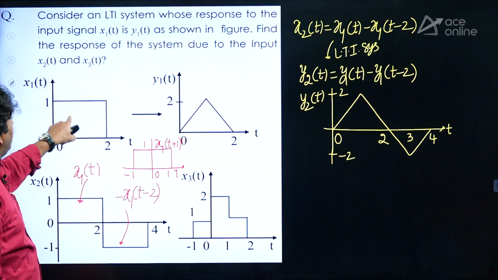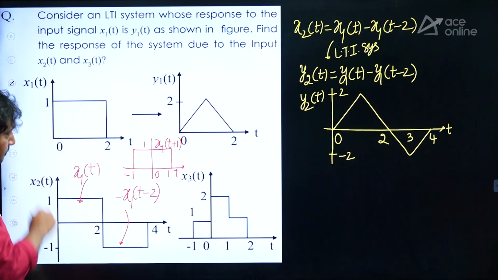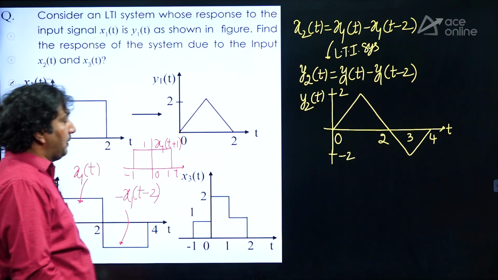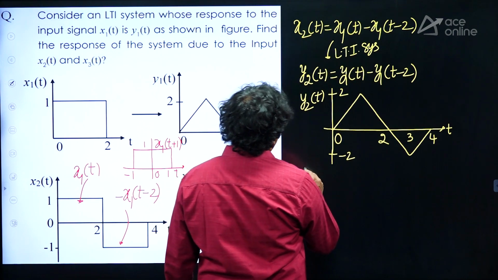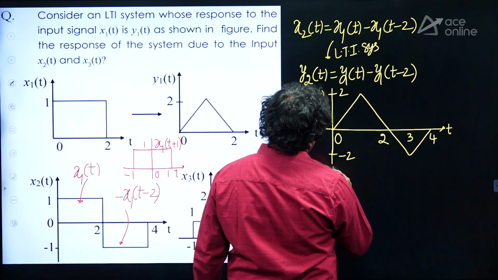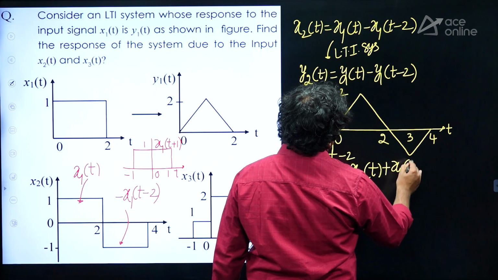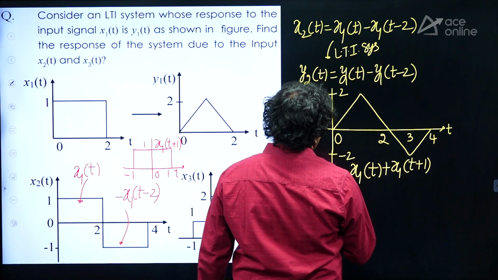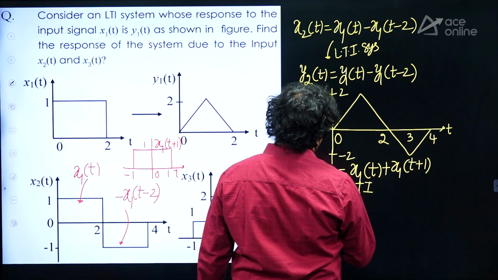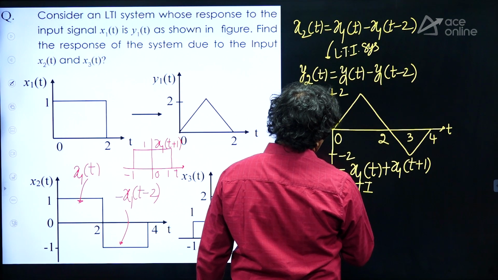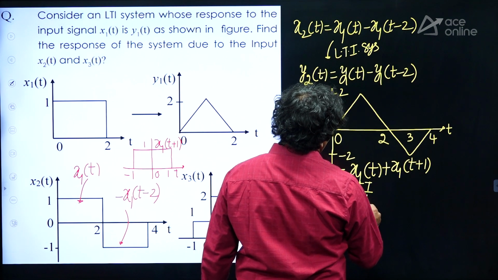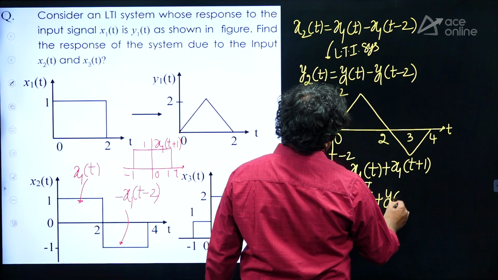If I try to add these two functions, x1(t) and x1(t+1), we will get that. So, x3(t) equals x1(t) plus x1(t+1). As the system is LTI, y3(t) equals y1(t) plus y1(t+1).